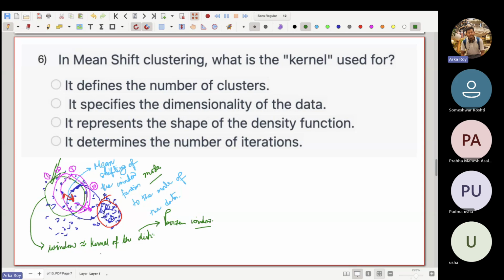So this kernel or window basically means the density function, the probability distribution function, the PDF. And these PDFs have different sorts of shapes. It could be Gaussian, it could be uniform, it could be skewed.